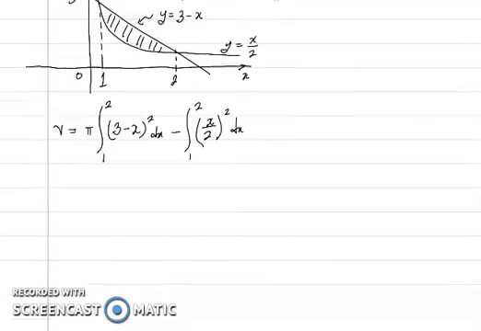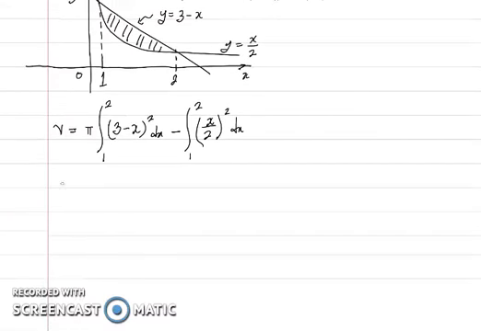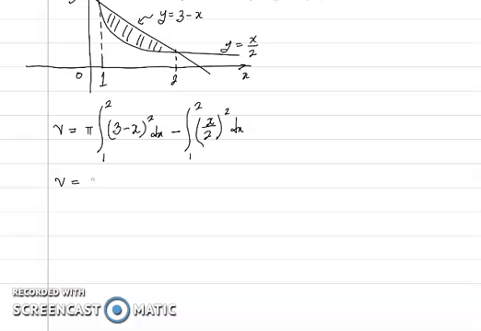So let's do them one at a time. So for the first one, we get V is equal to pi, and then let's integrate. We're going to have 3 minus x raised to the third power, put this over the new power, which is 3, and then I have to also divide by the differential of the inside function, which is minus 1, and this is for the limits 1 to 2.